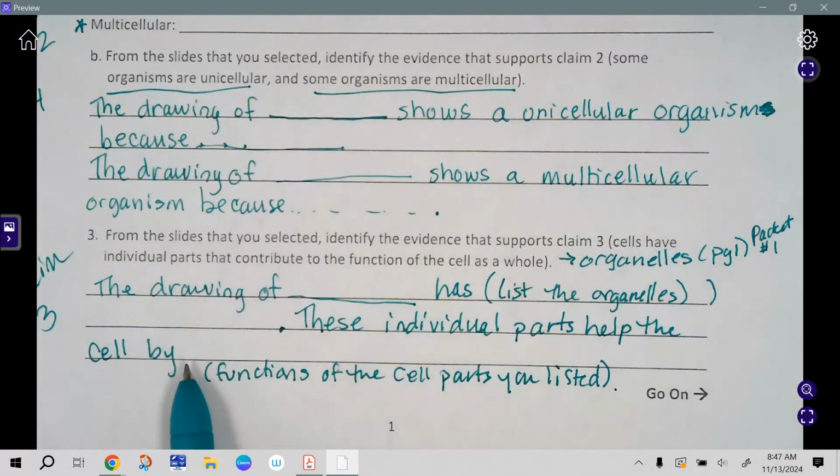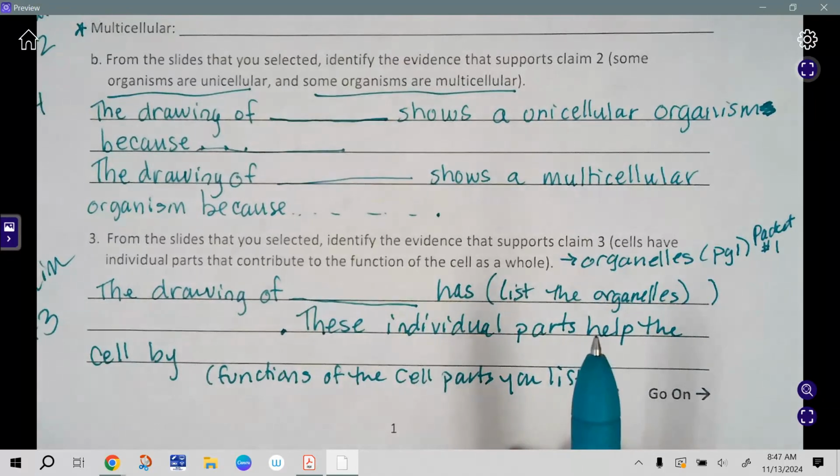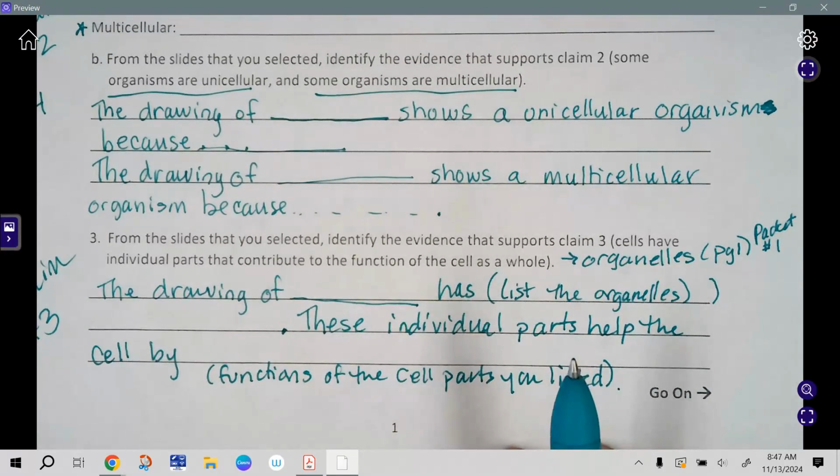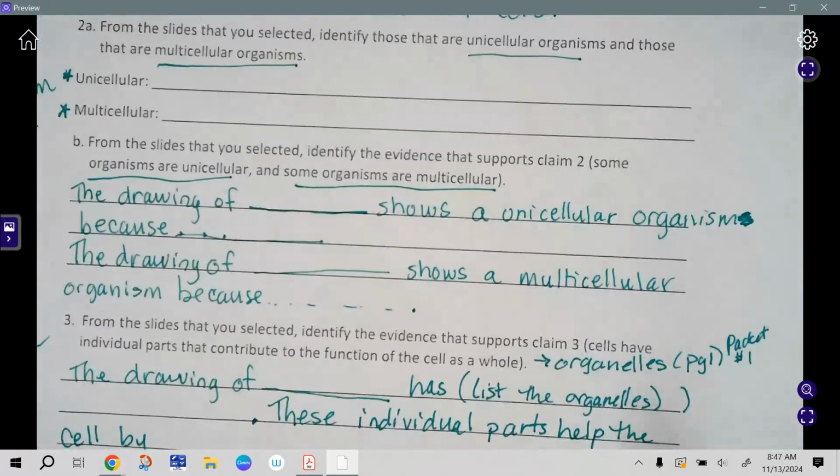So, what do the parts you're able to identify do for the cell? That's what you're telling me. All right, so that is finishing claim 3.